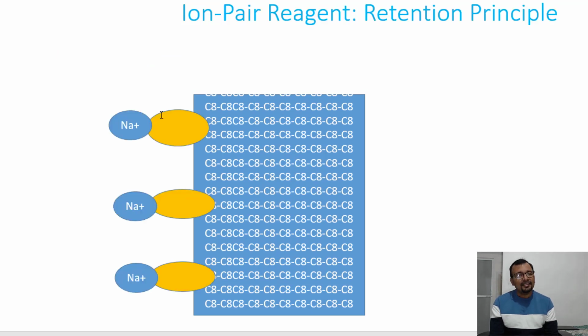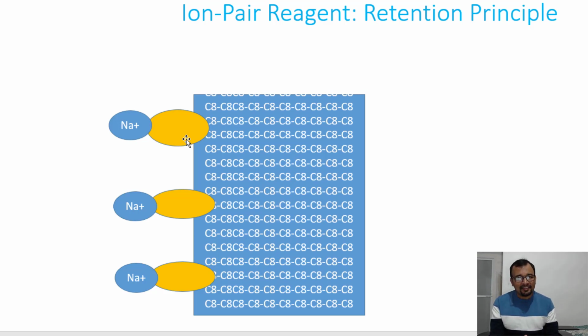This ion pair reagent has a hydrophobic end. If you look at the brown part of this ion pair reagent, you will find that it is hydrophobic because it consists of an alkyl chain. Because of this hydrophobicity, and you know the rule that like attracts like, as the stationary phase is also hydrophobic, and one end of the ion pair reagent is also hydrophobic, they get attracted to each other.